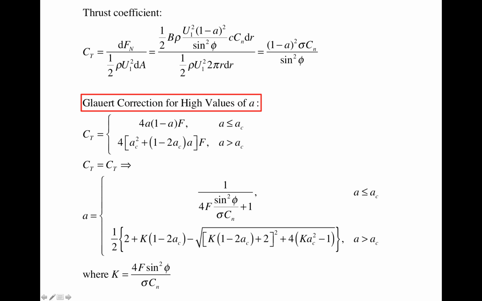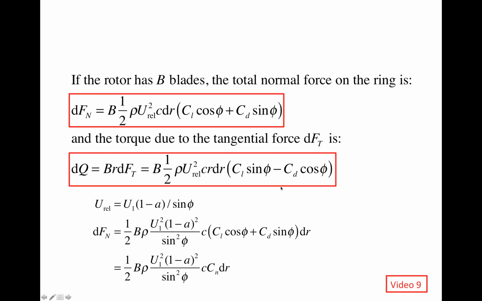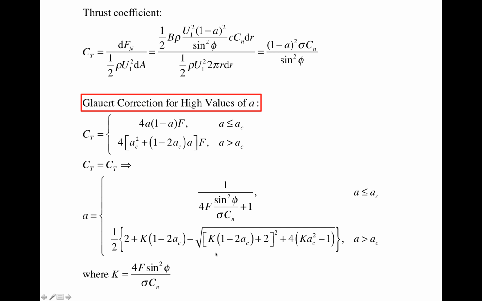And then Cn is this thing, which again depends upon phi. Cl and Cd we can read from a table. So once we know phi, basically we can compute A.